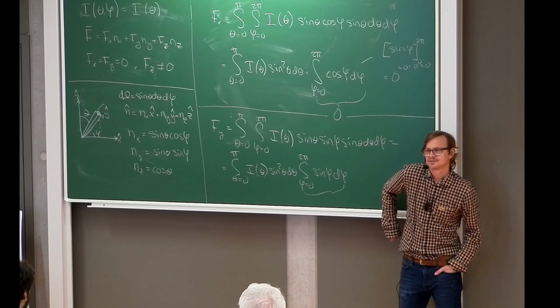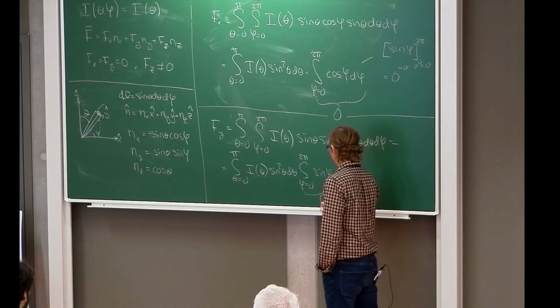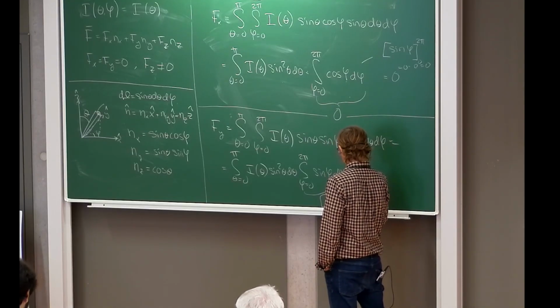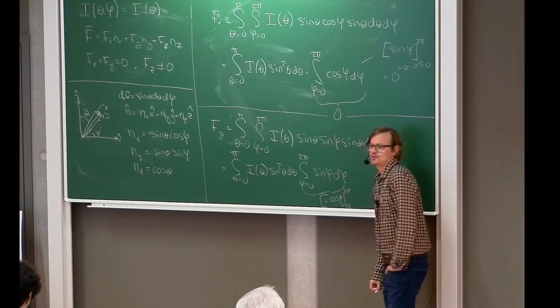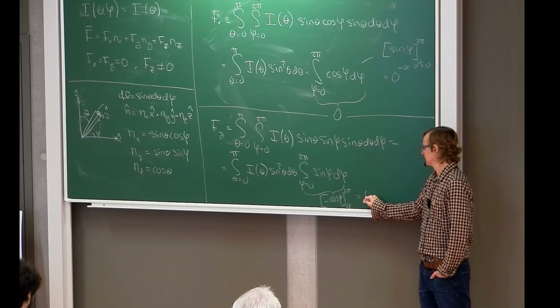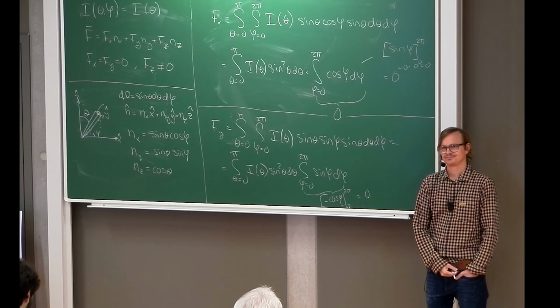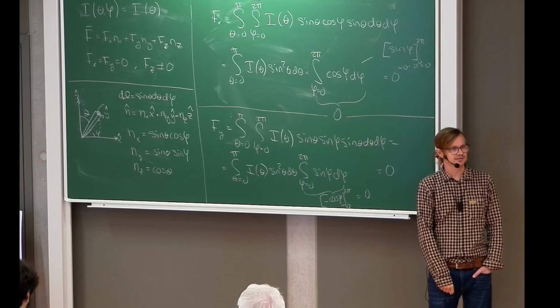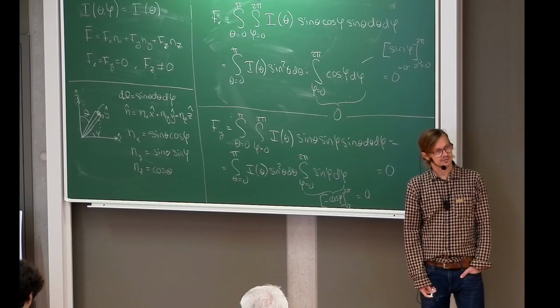Minus cosine. Yeah. Minus cosine of phi from 0 to 2 pi. You do that integral: 0. Flux in the y direction is also 0.